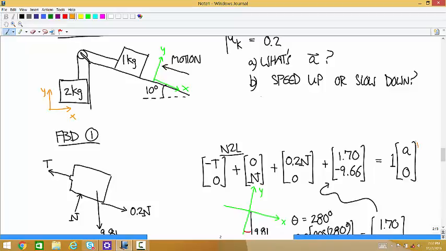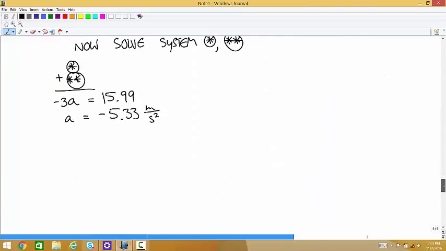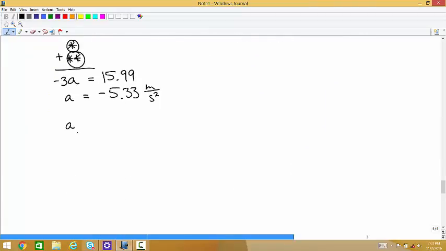We'll just plug that value of a into this. That's our acceleration vector. So the acceleration of the 1 kilogram block is negative 5.330 meters per second squared.